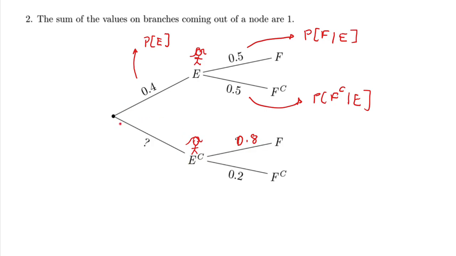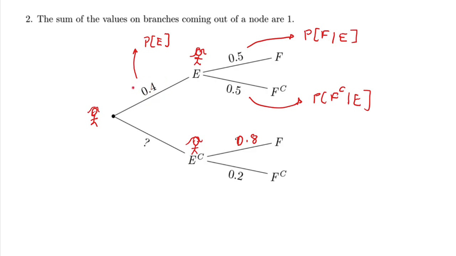And what about this value here? Think about this. You can use the same property. If you're here at this starting point, the first event E can happen or E cannot happen.